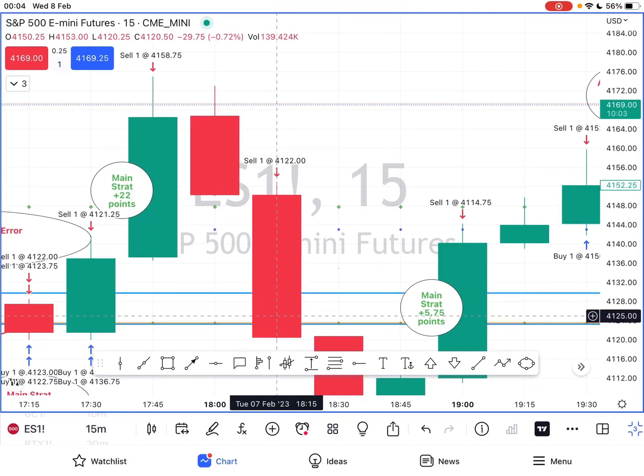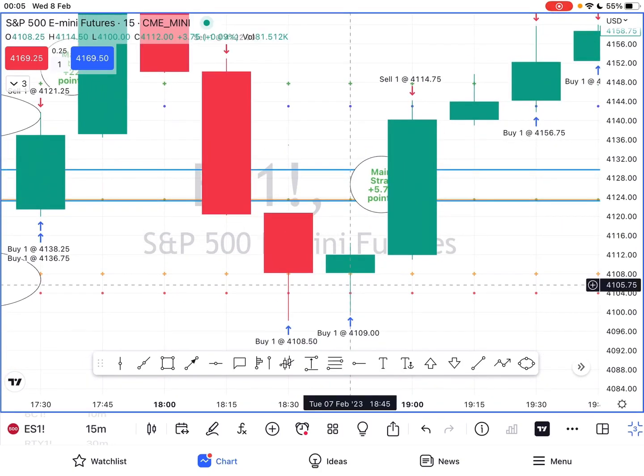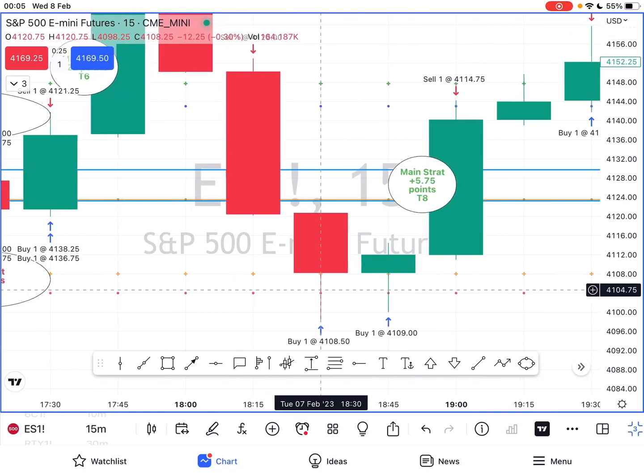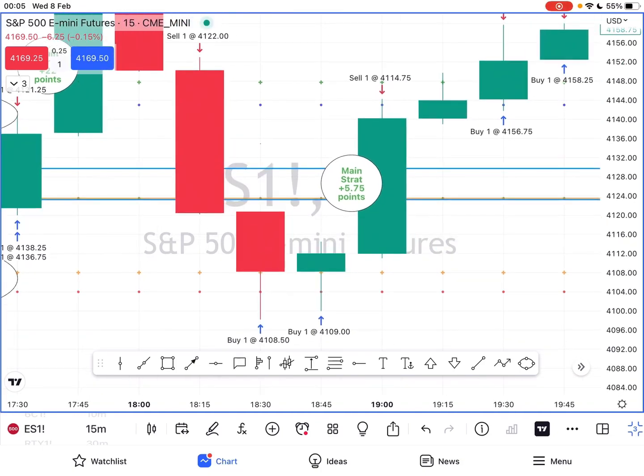So as it came through, sold the 41.22s and exited at 41.0850, which should be 13.5 points. Not sure why it's not showing on this chart.